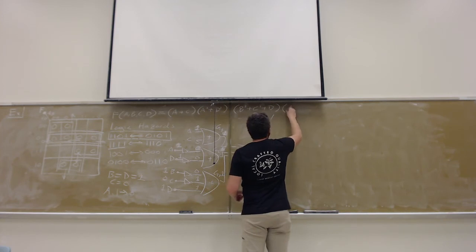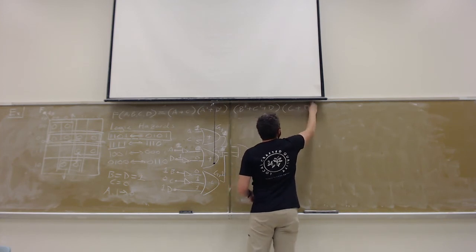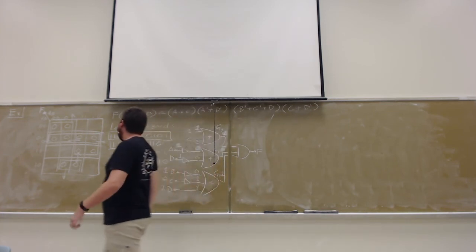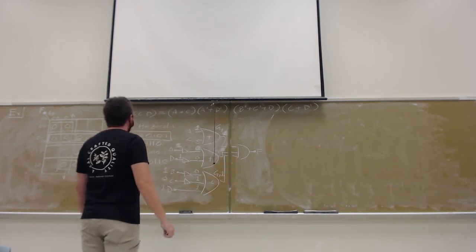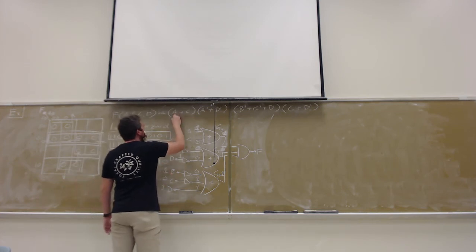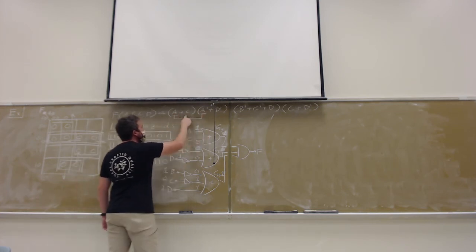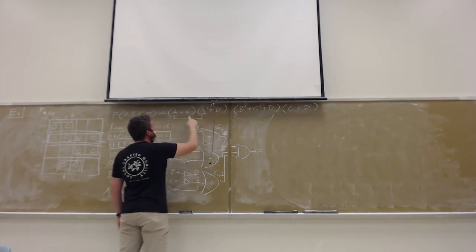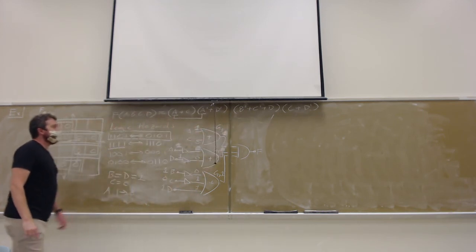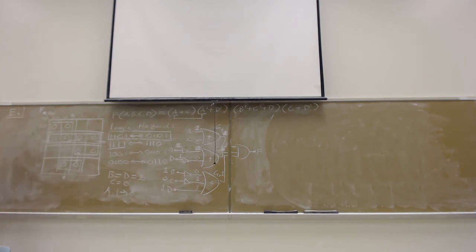So it's going to be C or D prime. Which, of course, if you look at these first 2 terms, A or C and A prime or D prime, C or D prime is, of course, the consensus term between these 2 guys.